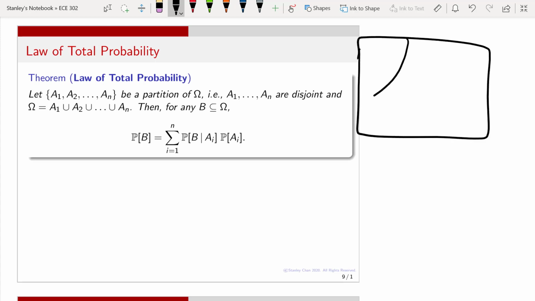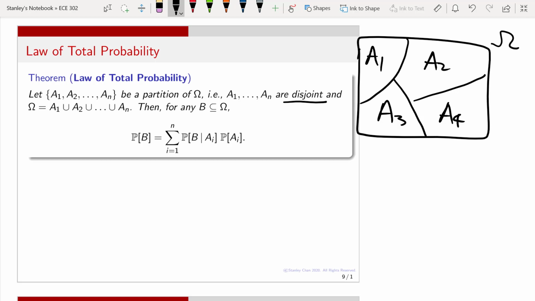A partition is a collection of subsets A1, A2, A3, A4, and so on, where all these Ai are disjoint, meaning that they do not overlap. And when you take the union of every one, it will give you back the sample space. So this is one example of a partition of a sample space omega.